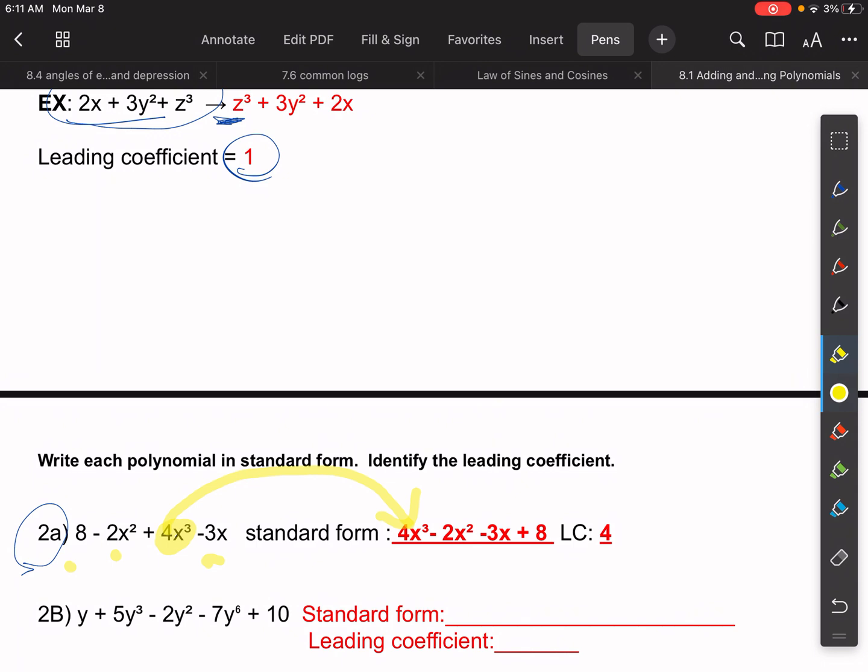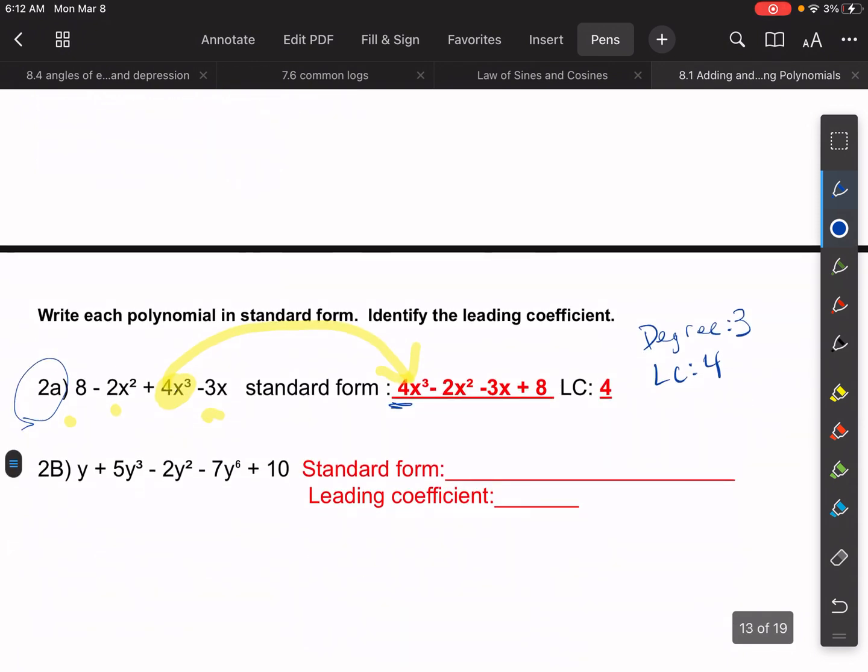So the leading coefficient, this is a degree, just to be clear here, this is a degree 3, because I'll ask you for all of these things. This is degree 3 polynomial. It has a leading coefficient, which I just usually call the LC, of 4, because that is the number that is out front. Okay, so let's do another one.